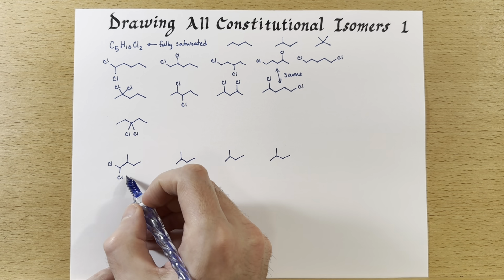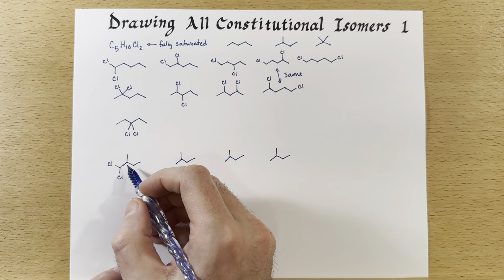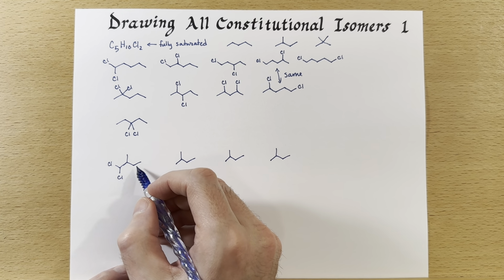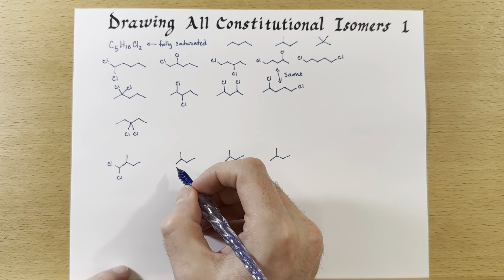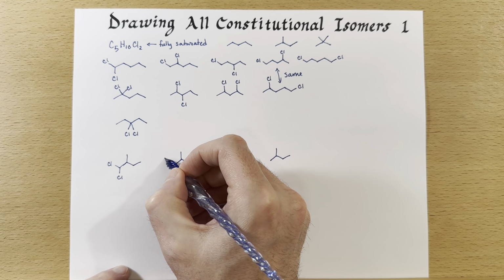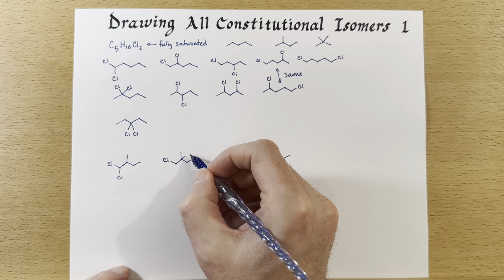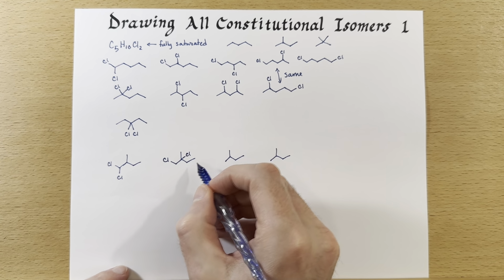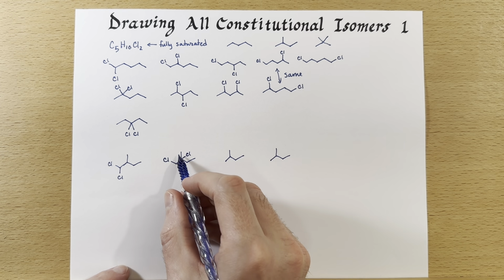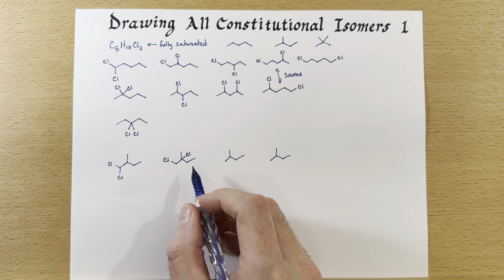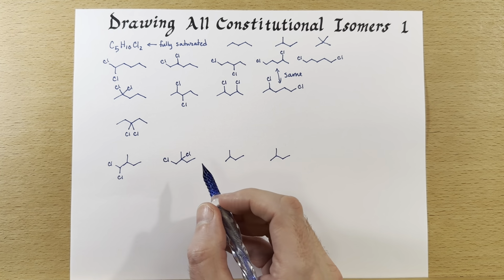Okay, so 1,1-dichloro, 2-methyl butane, right? Chlorine on the first carbon, chlorine on the second carbon, still possible. Now that carbon has 4 bonds to it that are non-hydrogen bonds.